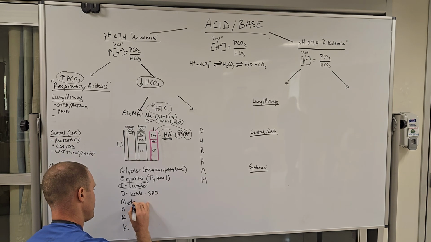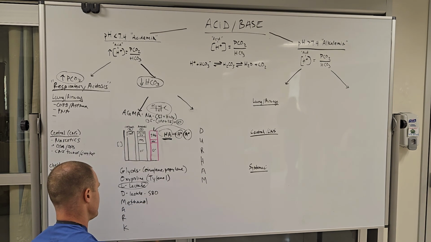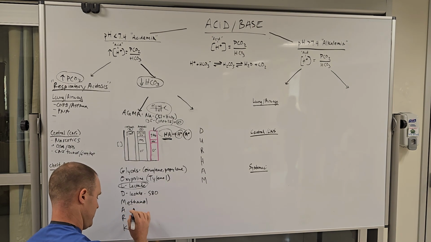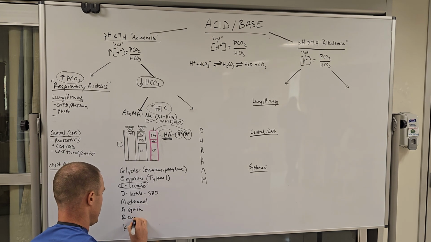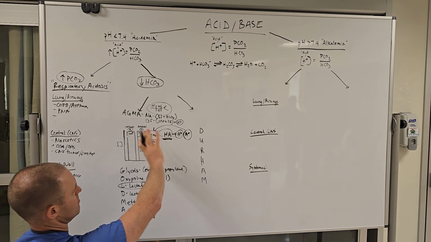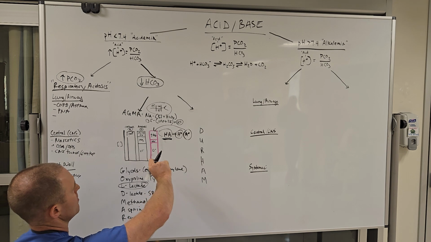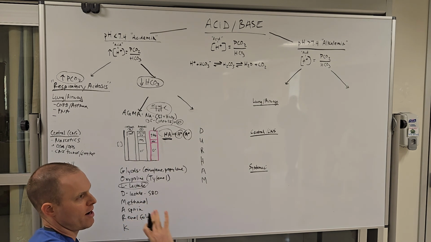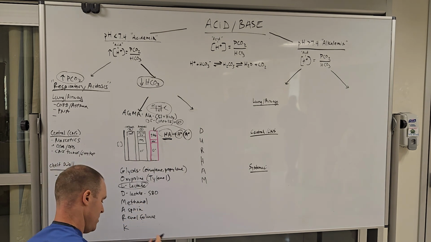This is methanol ingestion. Here's aspirin. Renal failure. Kidneys can't control your acid-base status.